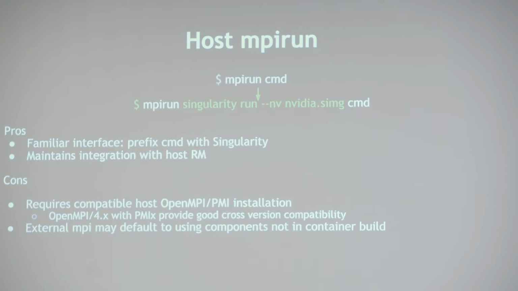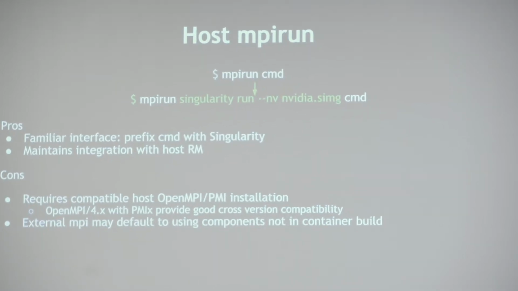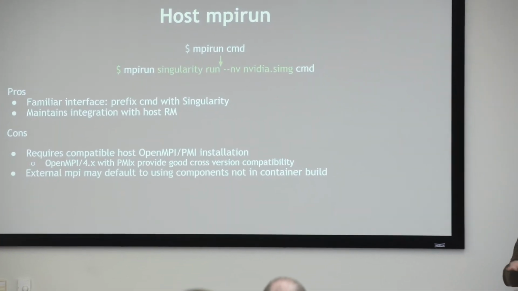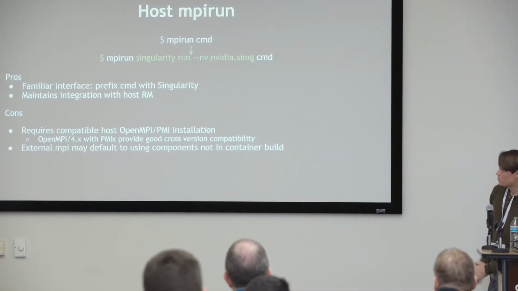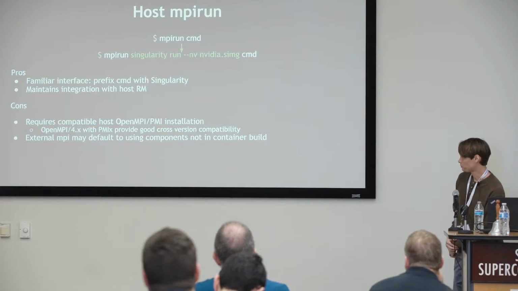So OpenMPI 4 and PMIx, it's a step in the right direction. Cross-version compatibility is actually pretty good. I think OpenMPI 5 will be ABI compatible with 4, hopefully. But there's some devil in the details using this method.